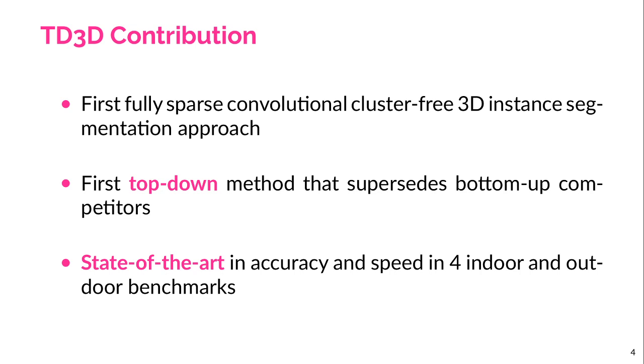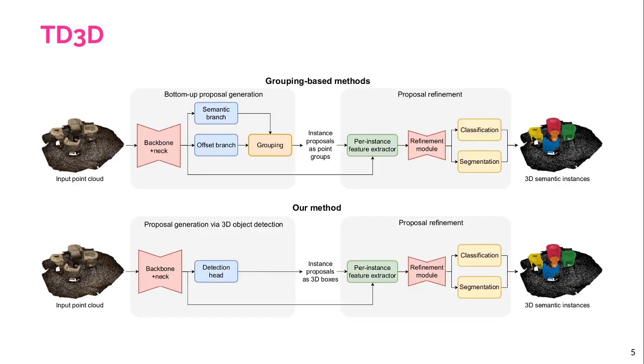Finally, we perform extensive evaluation on both indoor and outdoor benchmarks, and establish a new state-of-the-art in accuracy and speed of 3D instance segmentation. Here, we compare TD3D with conventional grouping-based approaches. TD3D runs in two stages.